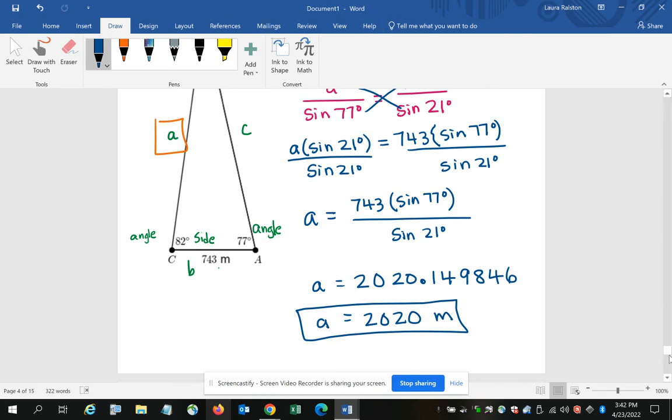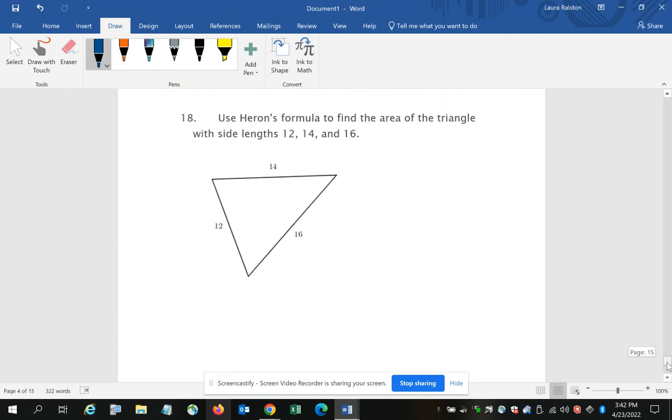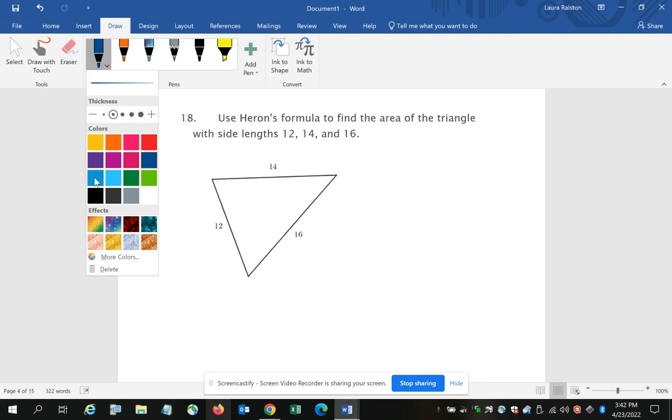And lastly, I believe the last problem is Heron's formula, where you're asked to find the area of this oblique triangle. It's oblique because you don't have a right angle.